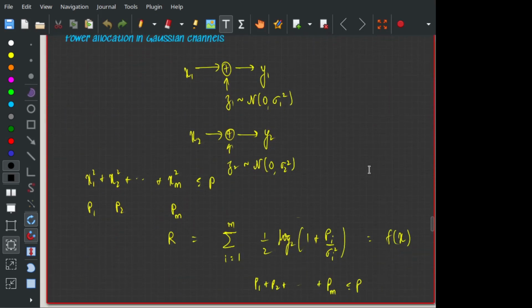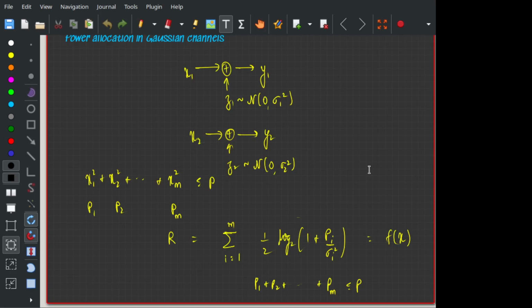We then saw a slightly different problem: you have a communication system, you have a total power budget, and your goal is to divide this power among these different channels, so as to maximize the rate.